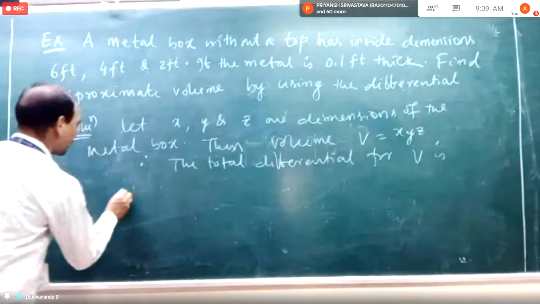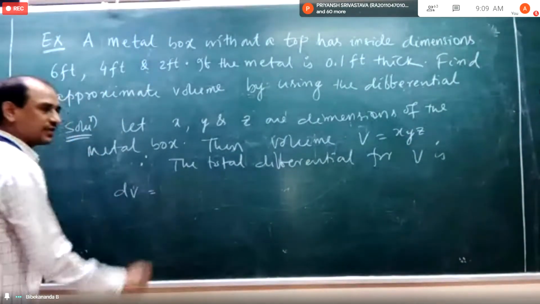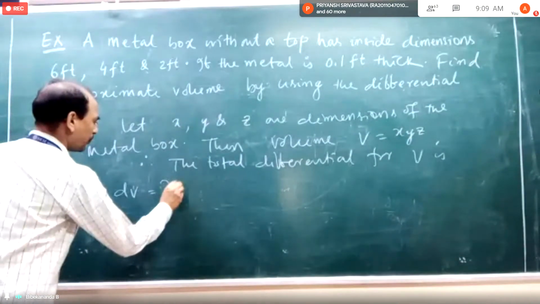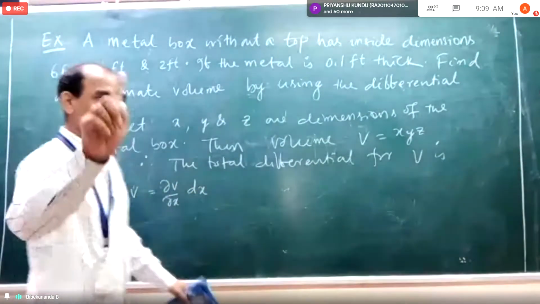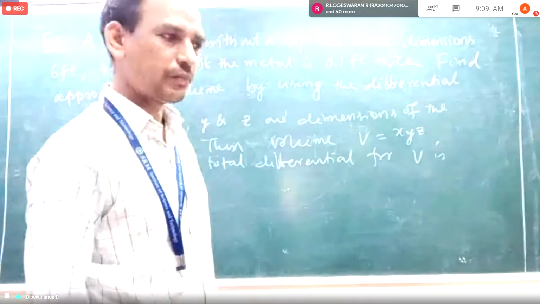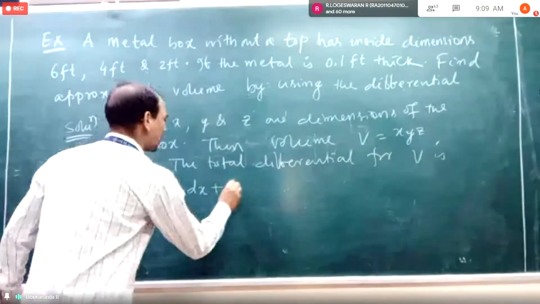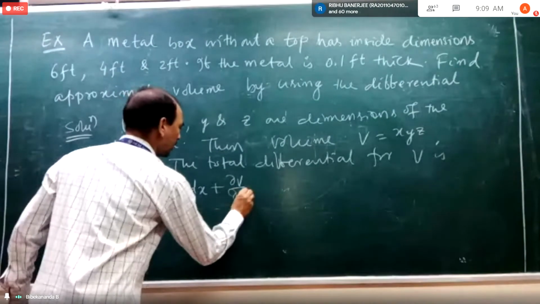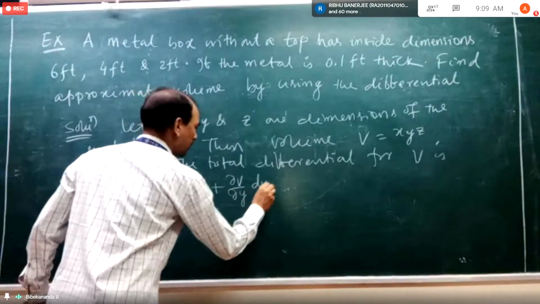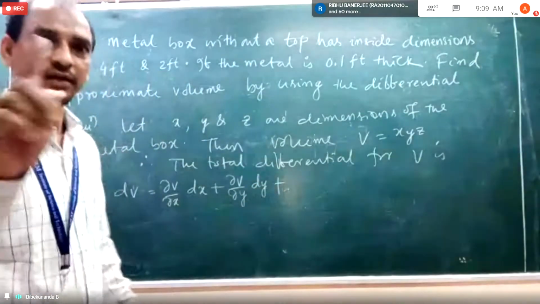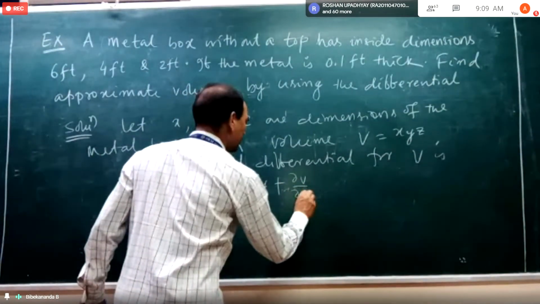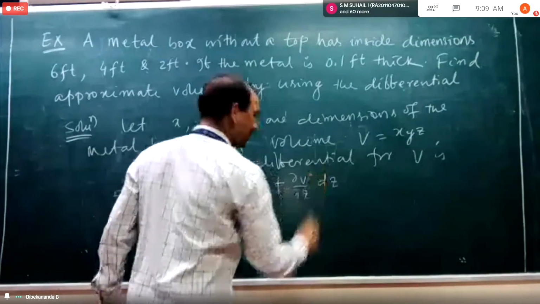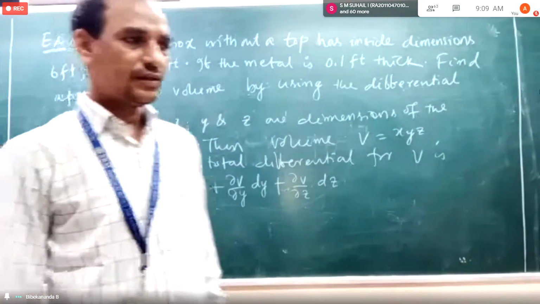So the total differential dV is equal to dou V by dou x into dx, because x is an independent variable, plus dou V by dou y into dy, because y is another independent variable, and similarly dou V by dou z into dz. Do you agree with me?